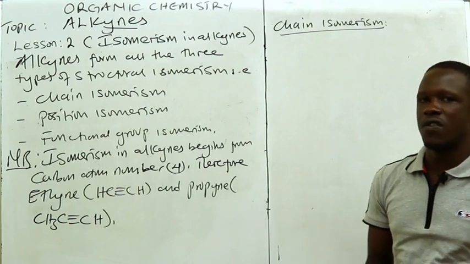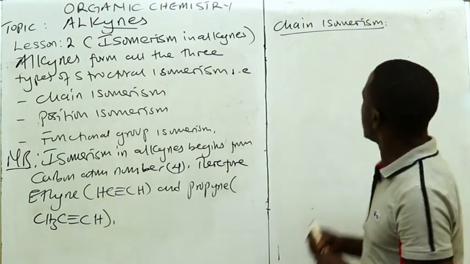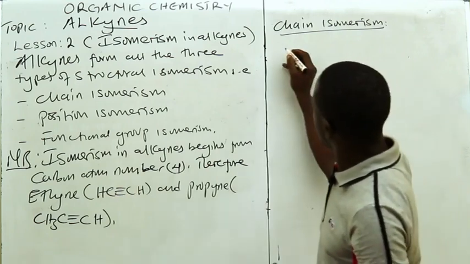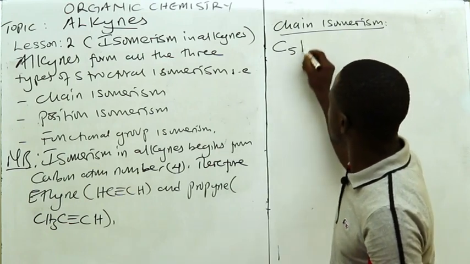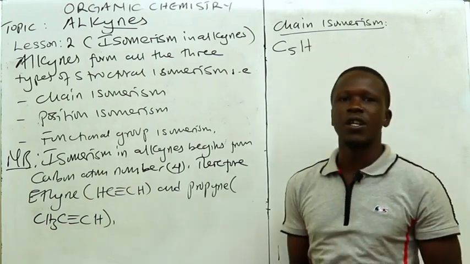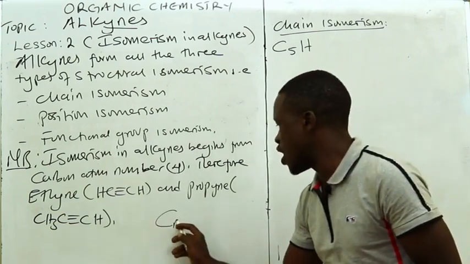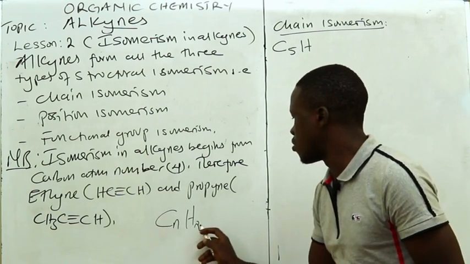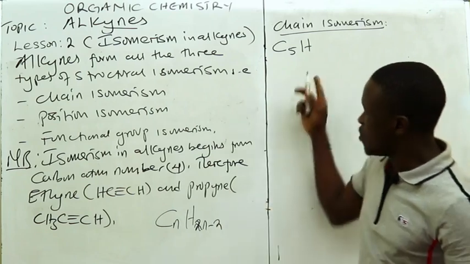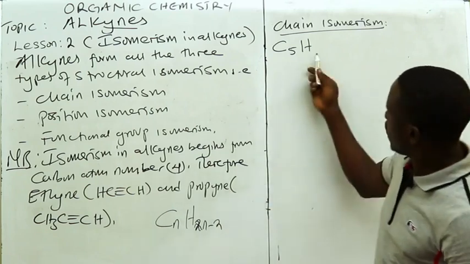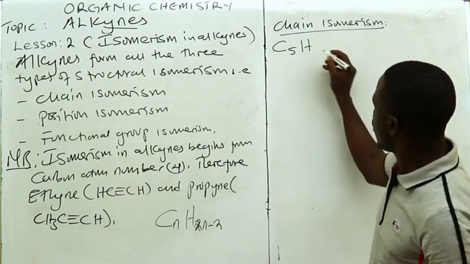So if we are given, for example, molecular formula C5H, remember when we are writing the molecular formula, we follow the general formula, CnH2n-2. So if n is 5, what will be our H? You say 5 times 2, that's 10, subtract 2, and this will be 8.